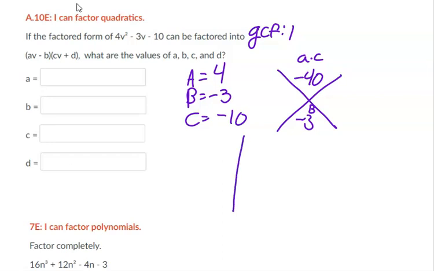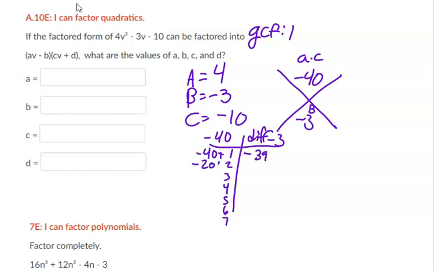Let's write those out right here. So we have negative 40, and then they need to have a difference of negative 3. So 40 divided by 1, we get negative 40. That's negative 39. That doesn't work.